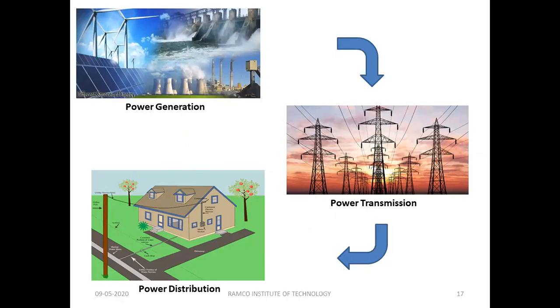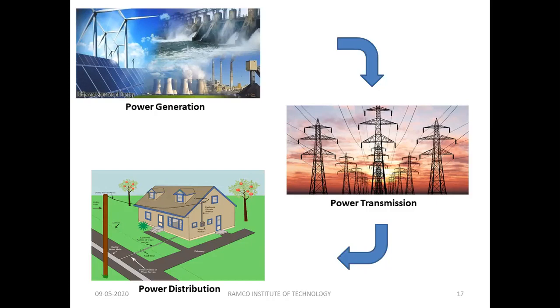For power generation, for example, we have the Thoothukudi thermal power station, Mettur thermal power station, Kalpakkam atomic power station, Kodangulam atomic power station, and the Kunda hydro power station. So many power stations are there. Their job is to produce electricity, to produce power.